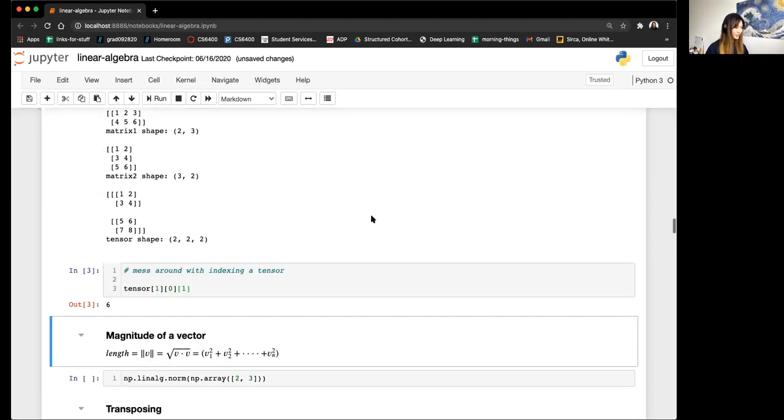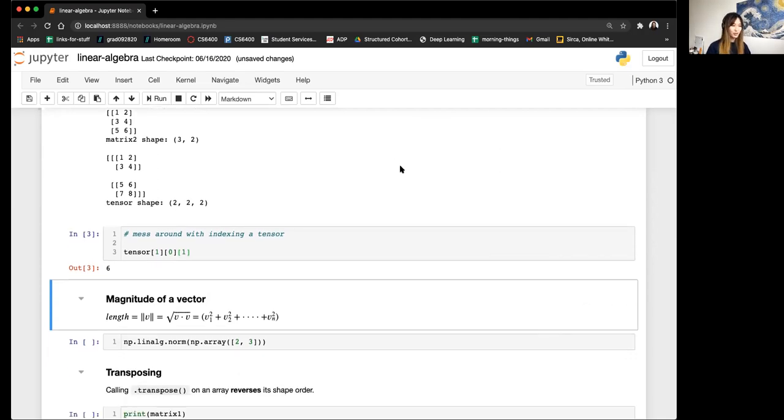Something else I mentioned earlier is the magnitude of the vector, when I drew that diagram with the arrow. It's the length of the arrow. In 2 dimensions, it's easy. You can use the Pythagorean theorem to figure it out. Once you get to multiple directions, imagine you have a 3D space and an arrow pointing somewhere in 3D space. And in most cases, you're going to be working with more than 3 dimensions. You cannot even visualize where that arrow is pointing, but you can still calculate the magnitude.